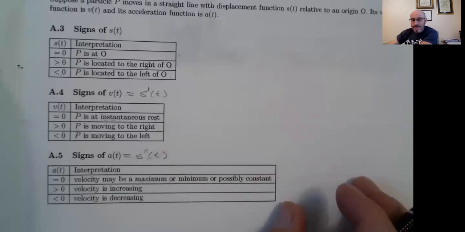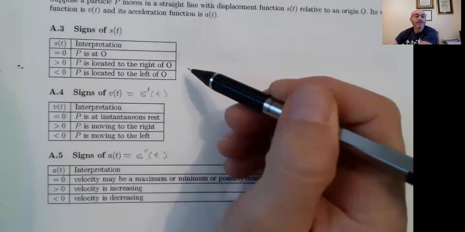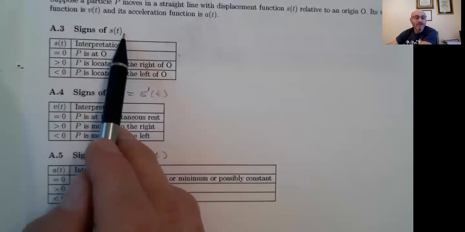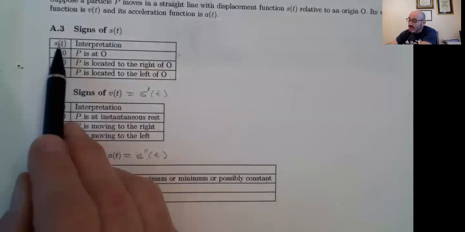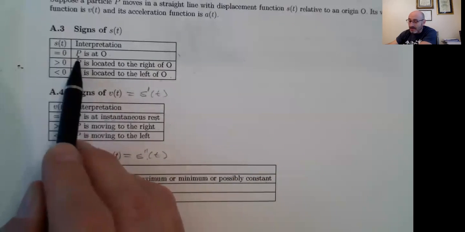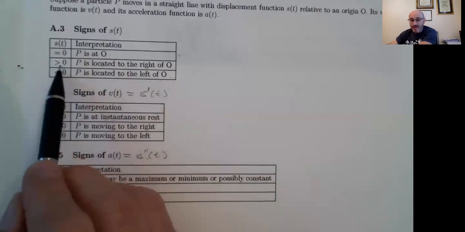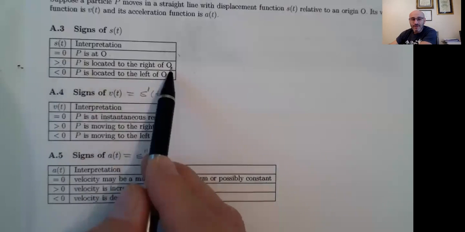Yeah, all right. So this is what we need to take into account, all right? Interpretations of the position, S of t, right? If the position is 0, it's because the particle is at the origin. If the position is positive, then the particle is to the right of the origin.